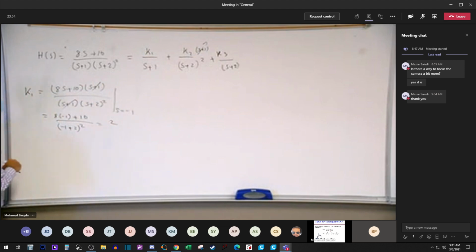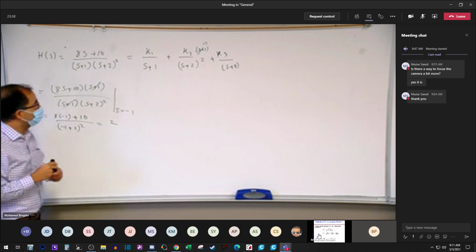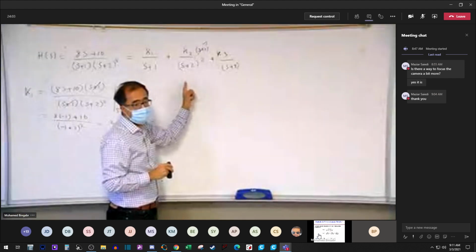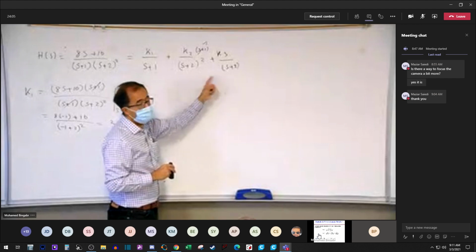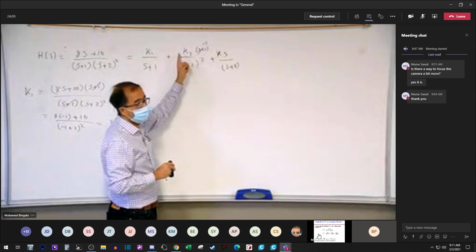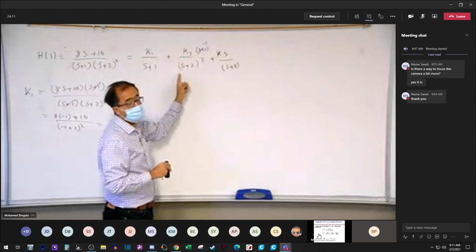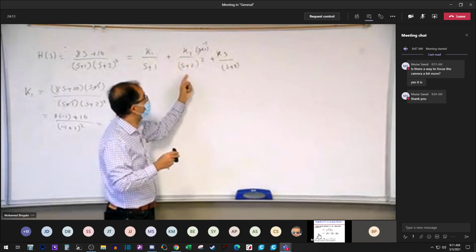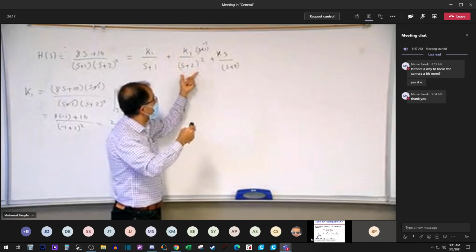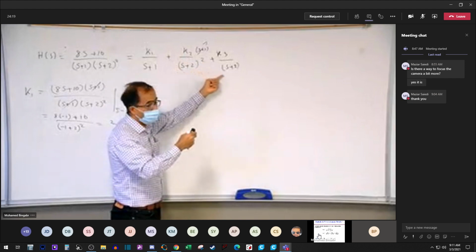And now which one do I find, K2 or K3? Find K2. See, these two denominators are the same. When you set s equal to minus 2, they both will go to 0. So in this case, I find K2, which has the denominator to the higher power. Why? Because then I will multiply by (s plus 2) squared, and then this will never go to 0, but this will go to 0.